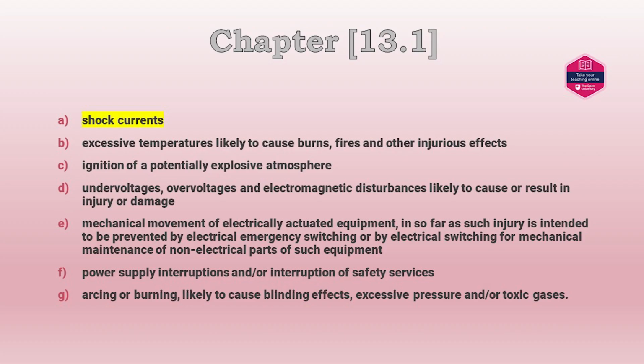Opinion on those dangers. In Part 1, Chapter 13, Regulation 131.1, the first thing that is addressed is danger to persons and livestock. Top of the list is, as expected, electric shock.